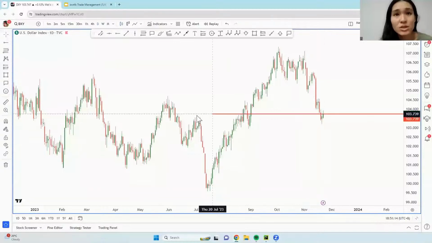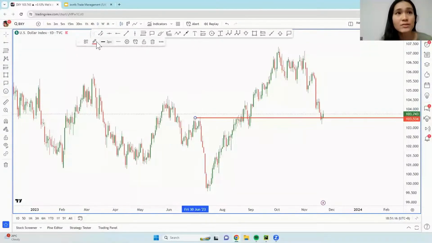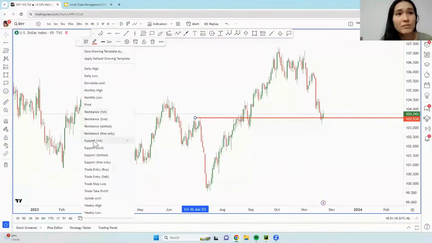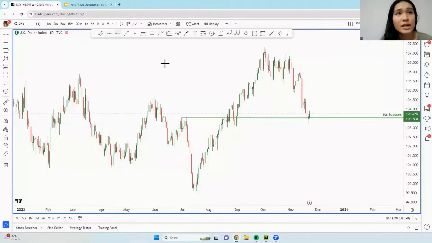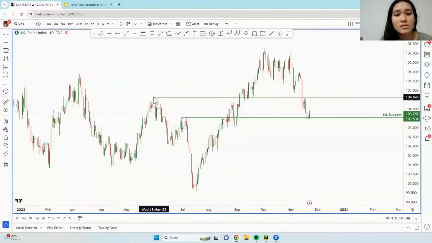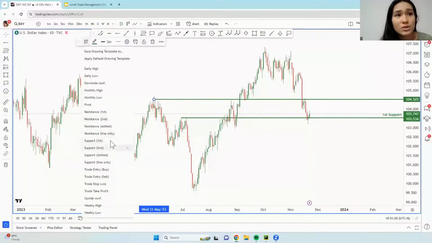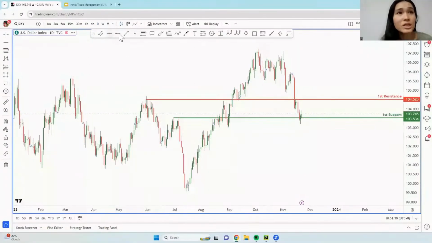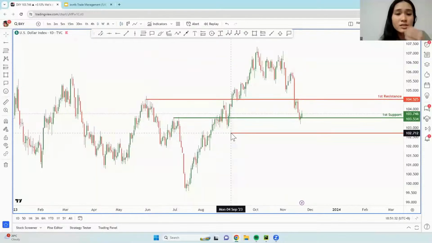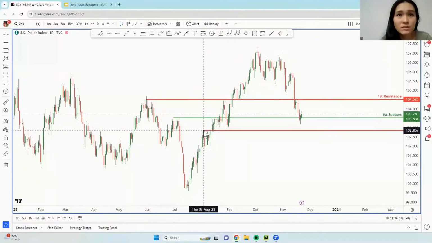Okay, so here I'm gonna place my first support, and then my first resistance would be over here, in line with the swing low and swing high. So it's an overlap level. And then my second support would be maybe just over here.